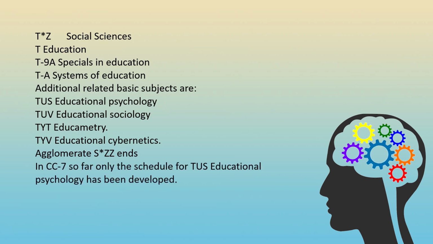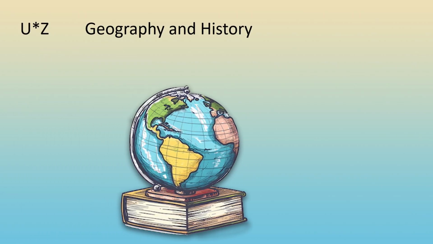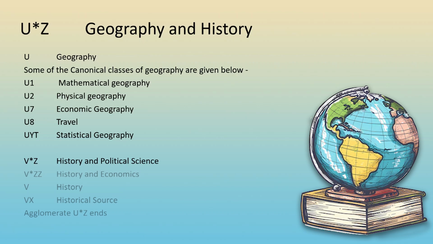Next, we discuss the agglomerate of geography and history denoted by the notation capital U star capital Z. It includes geography and different canonical classes of geography such as mathematical geography, physical geography, economic geography, travel, statistical geography, and so on.